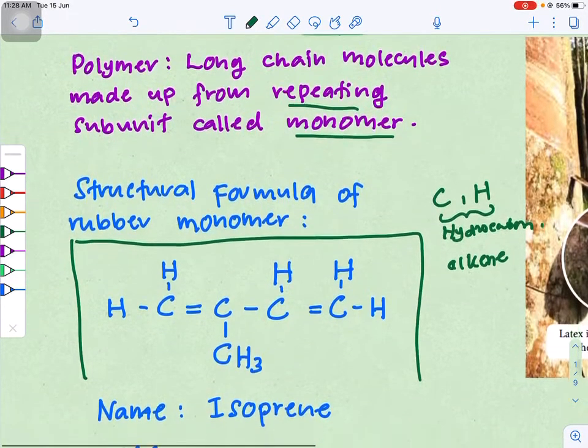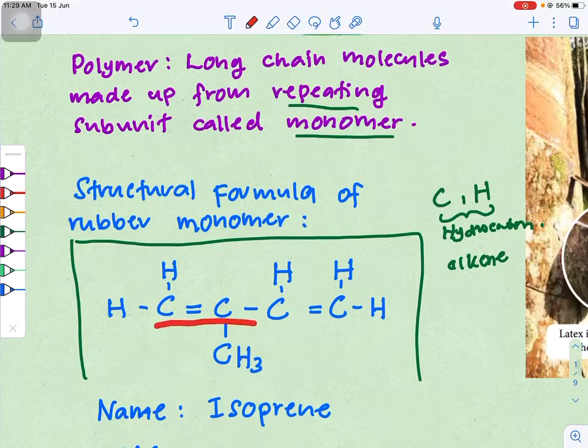Actually, it has a famous name, which is isoprene, but it also has the IUPAC name, the name registered under the system, like our name on the birth certificate. So let's recall how to give the name, because this is an alkene. The first step, we must identify the longest chain.